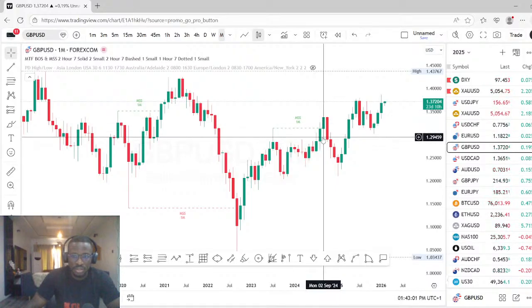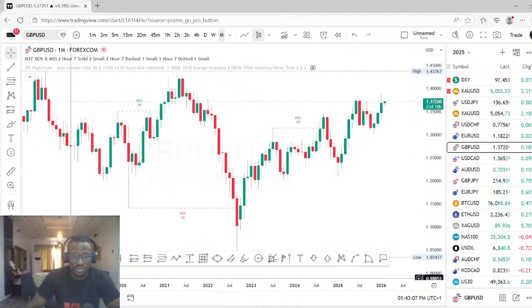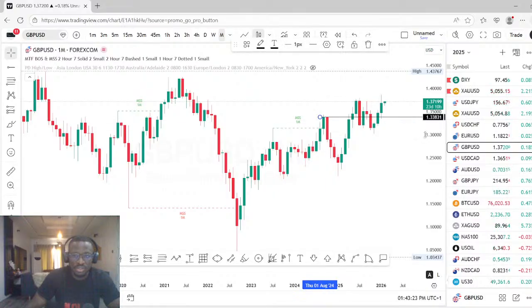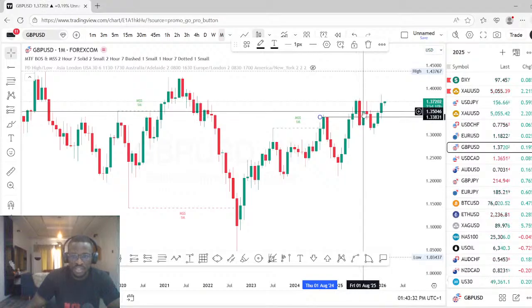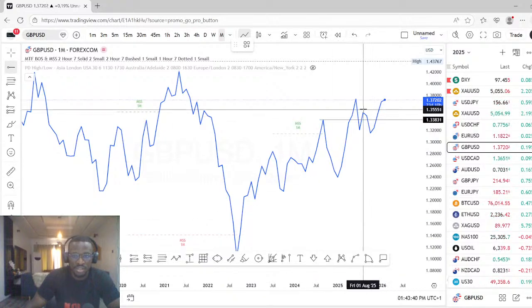And the only way we are going to capitalize on this market is to look out for bullish movement in the market. So this is me marking out my special levels. This is a previous support level where price has tested severally, and we are looking forward to going in on buys on this particular market here.